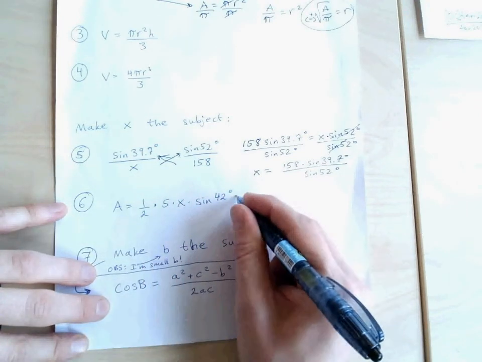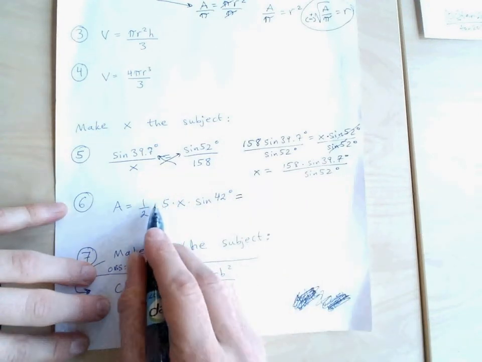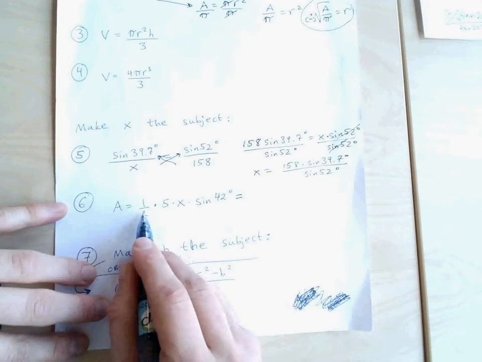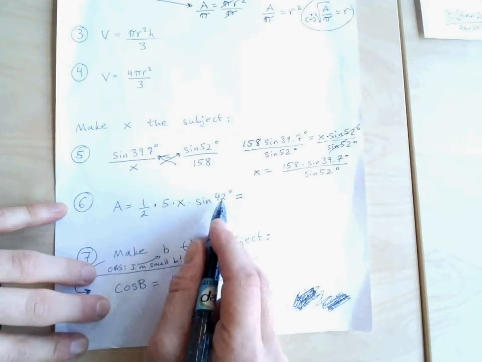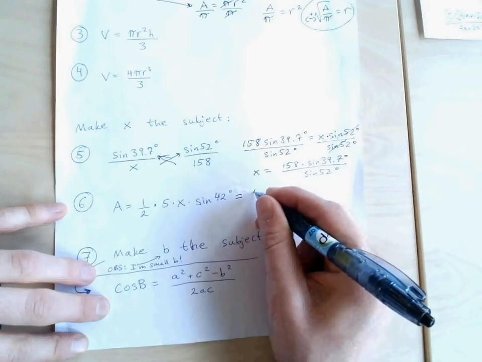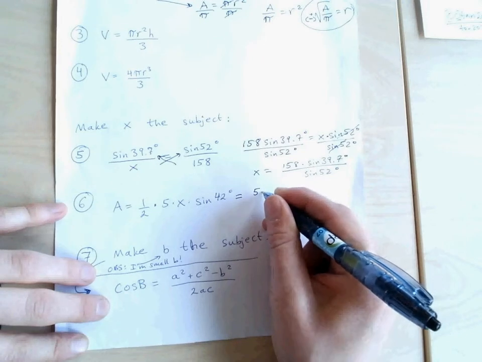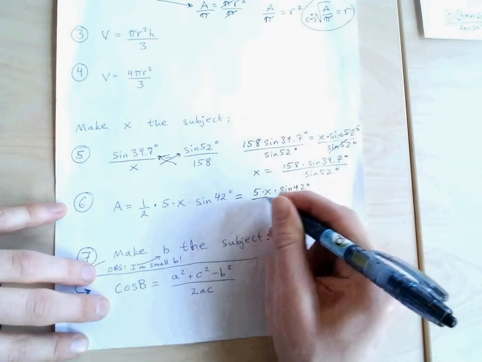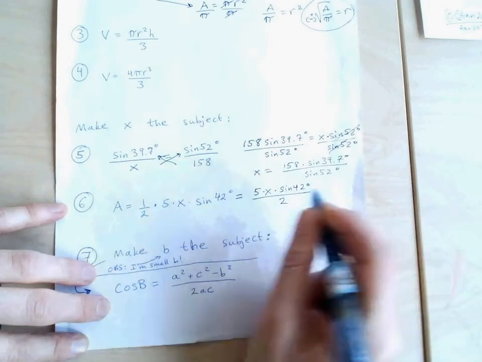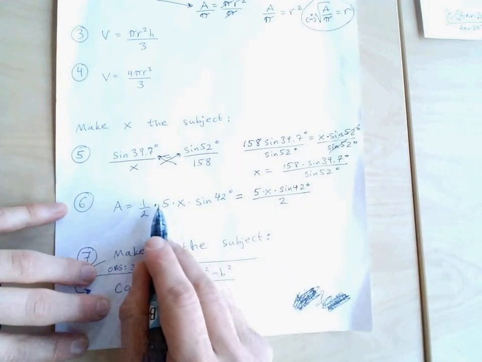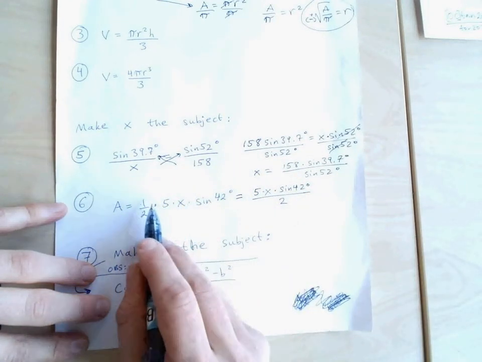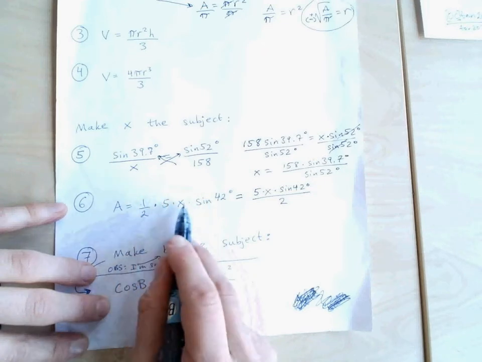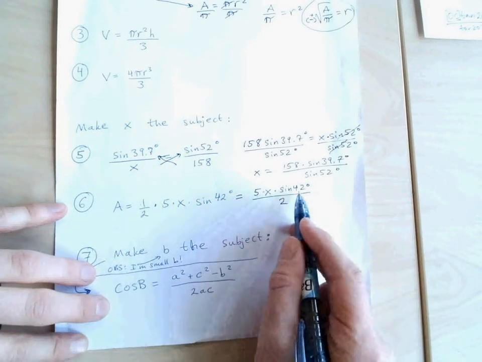Do you feel comfortable that I can write, I mean, we have 1 over 2 times all this. So I can write this as 5 times X times sine 42 divided by 2. Because when we multiply a number with a fraction, this number goes up in the numerator.